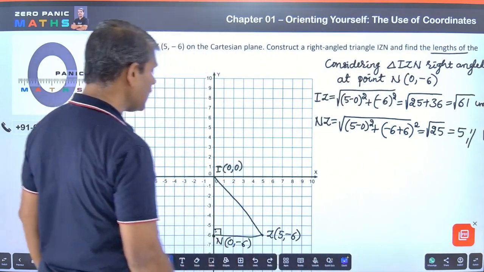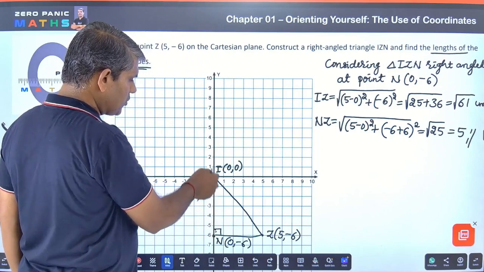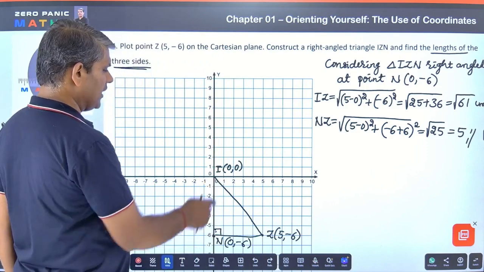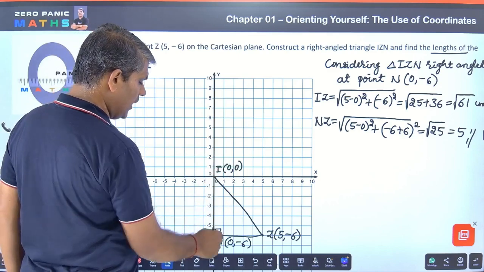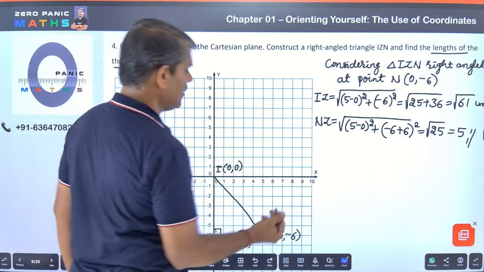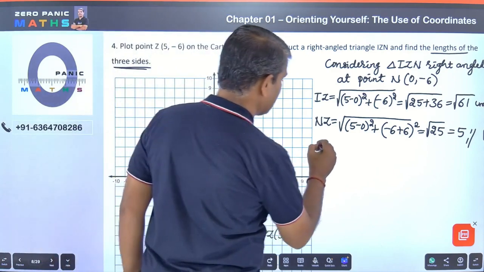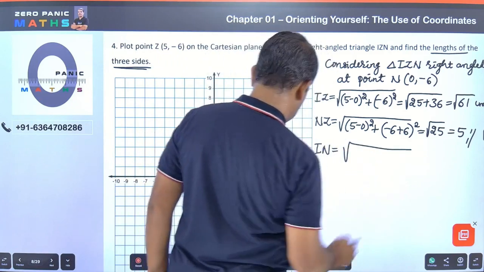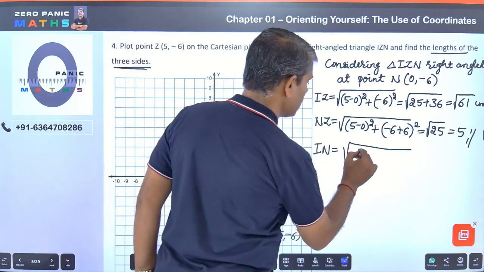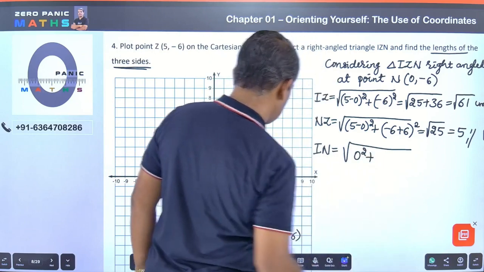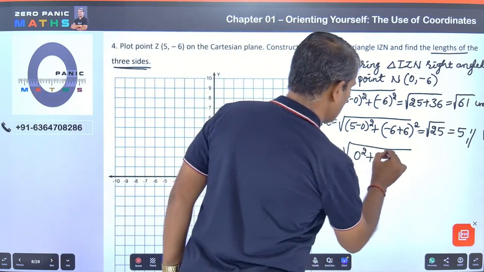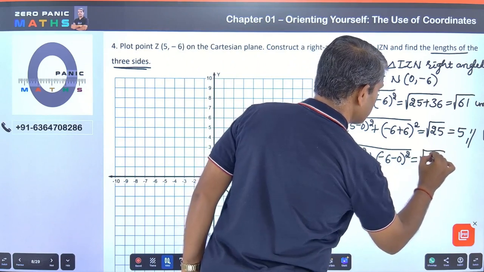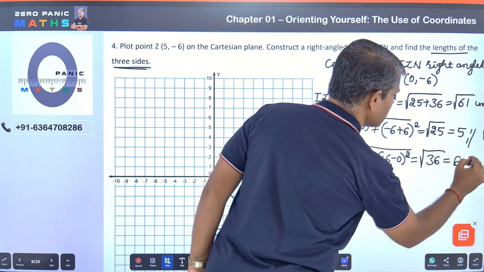Now what we are left with is the length IN. Here also x1, y1 is 0, 0 and x2, y2 are 0, -6. IN is equal to the square root of (0 minus 0) square, which is 0 only, plus (y2 minus y1), which is (-6) square, which is 36, and it is 6 units.